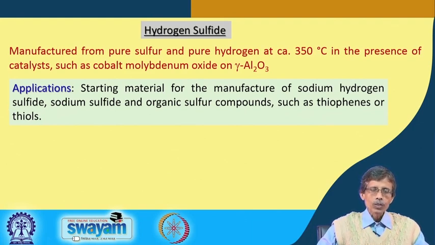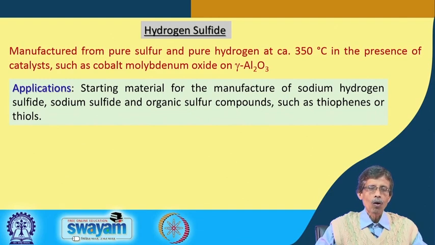You have two hydrogen atoms attached to the sulphide center, and if we replace one hydrogen by sodium, you get NaHS, or Na2S, which is sodium sulphide, or different types of organic sulfur compounds. We can make a large number of organic sulfur compounds, such as thiophene and different thiols, and even biological molecules, the sulfur bearing amino acids.